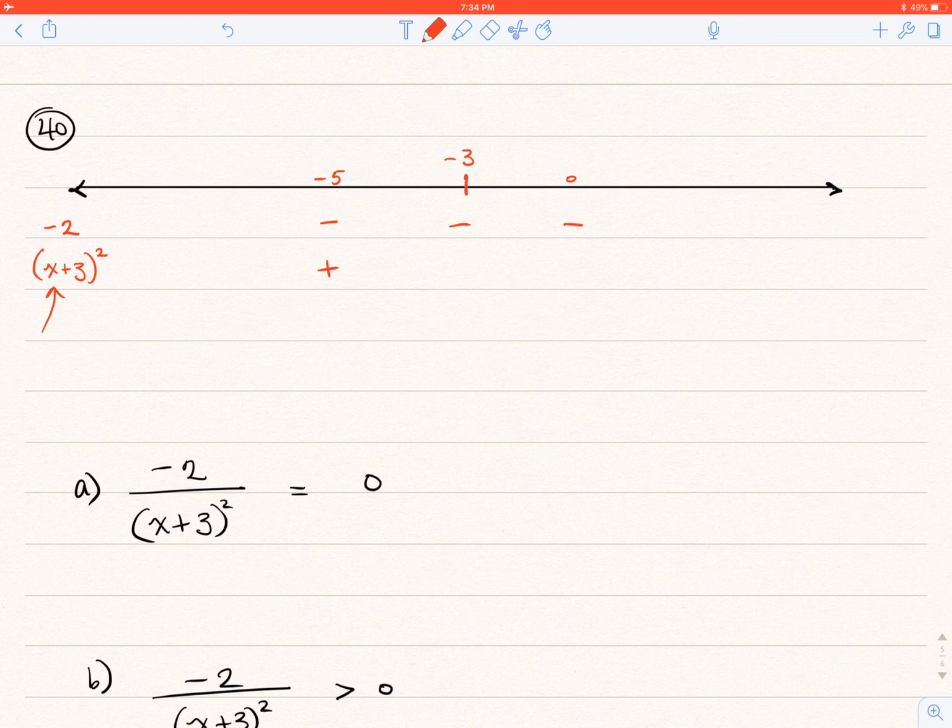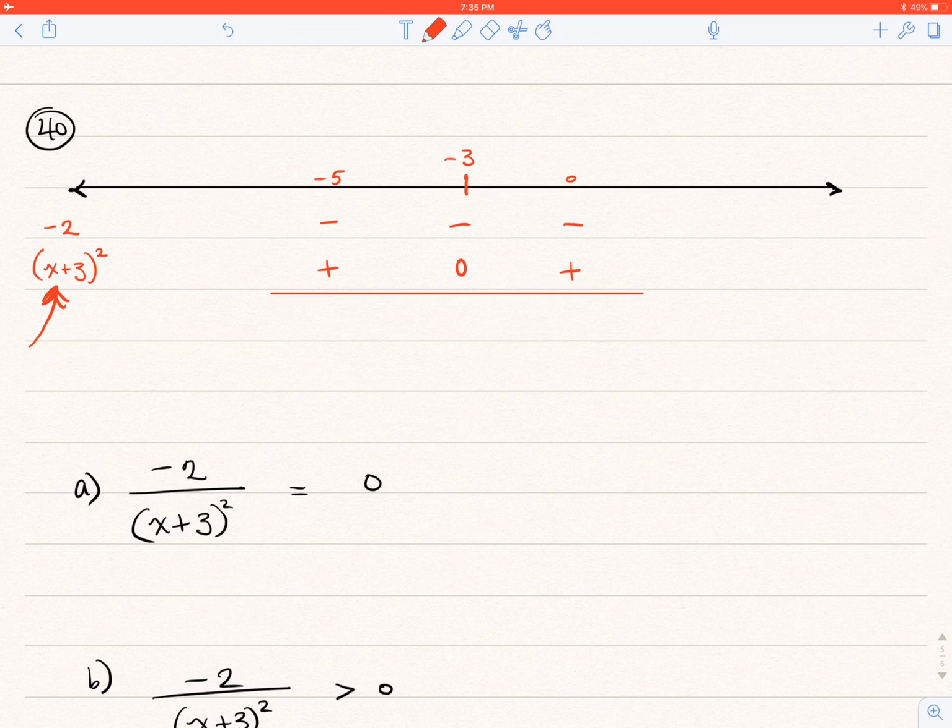If you take a -3 and plug it in, you have a -3 plus a 3, which is 0, and 0 squared is just 0. And lastly, if you take a 0 and plug it in, 0 plus 3 is a positive number. And if you take a positive number and square it, you're going to have a positive number.